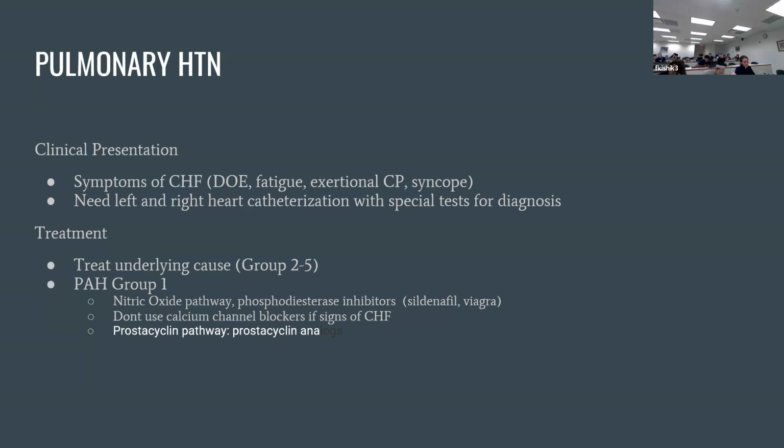It'll cause them to decompensate. You can also use prostacyclin analogs. But the thing I want you to remember is group 1, we ruled out any other causes. We did a right heart cath with the special nitric oxide test. It was positive. And now we're going to try phosphodiesterase inhibitors.